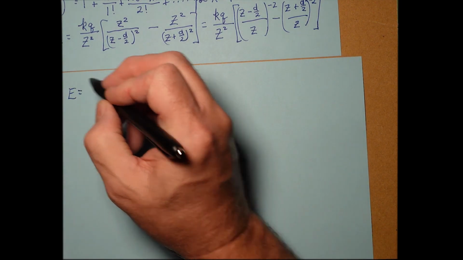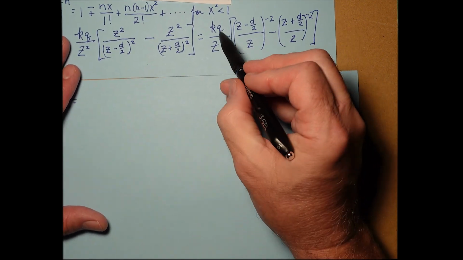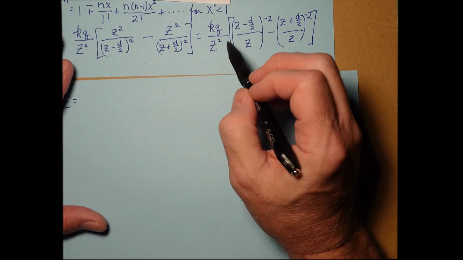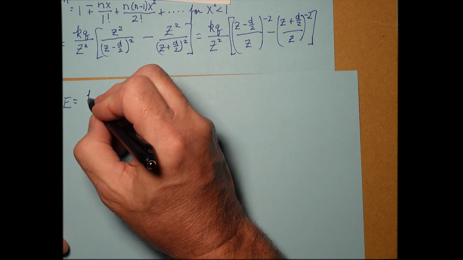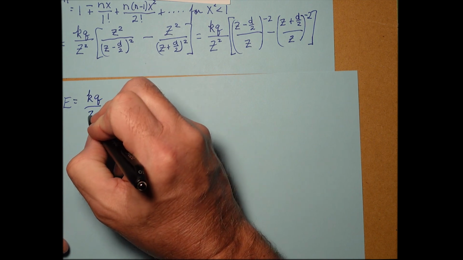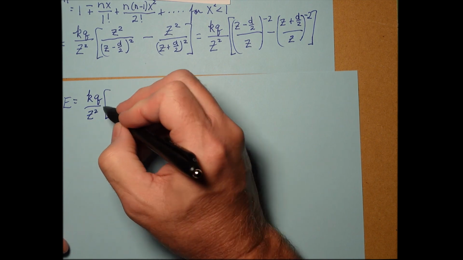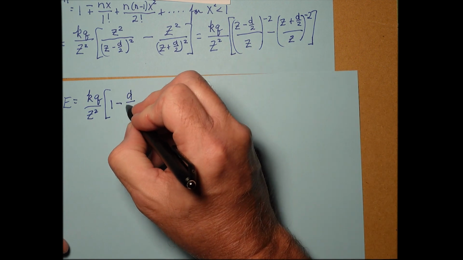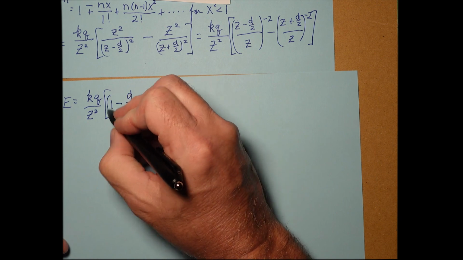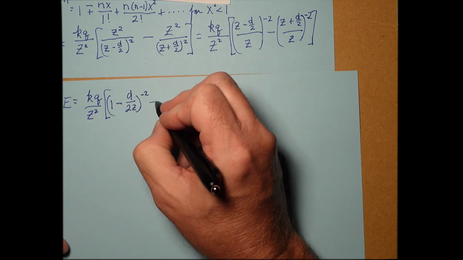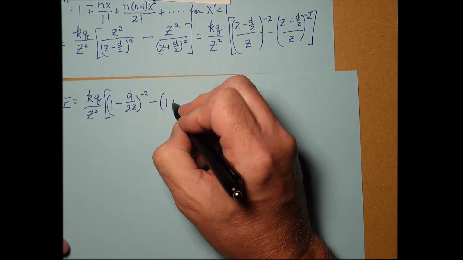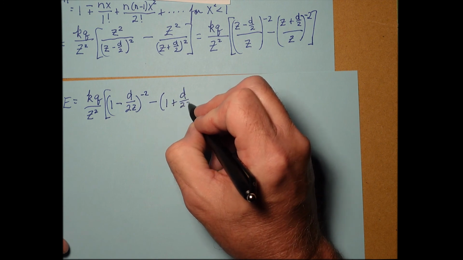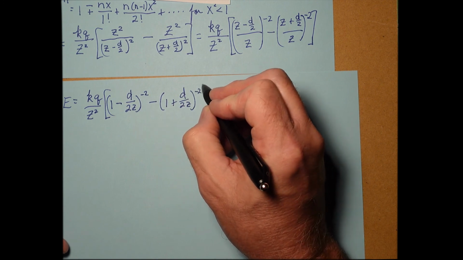So now E, we're taking this right here, and we're going to rewrite that as kq over z squared times 1 minus d over 2z raised to the negative 2, minus 1 plus d over 2z to the negative 2.